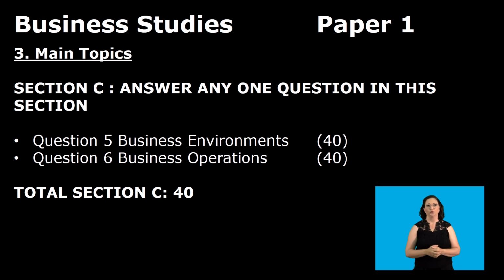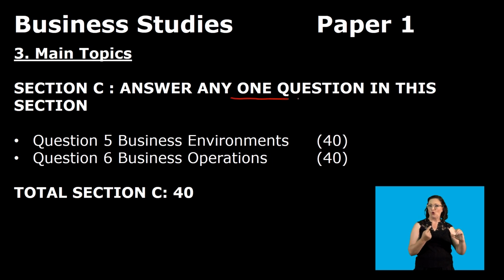Right. Lastly, in your exam, you've got Section C. Remember, we've got Section A, B, C. In Section C, you only answer 1 question in this section. You'll be given 2 essay questions, and then you have to answer 1. So your essay question comes from these 2 topics, environment and operations.